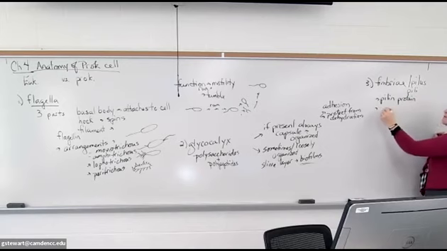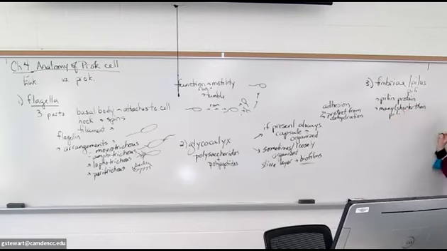Fimbriae, we call them fimbriae when there are many, and usually they're a little shorter, not always, shorter than pili. And the fimbriae function to help the bacteria adhere, again, with the sticking. And believe it or not, new data suggests the bacteria can also use them to move.